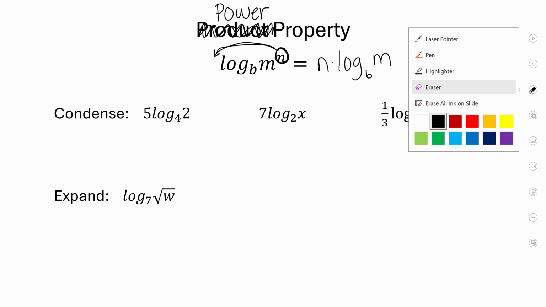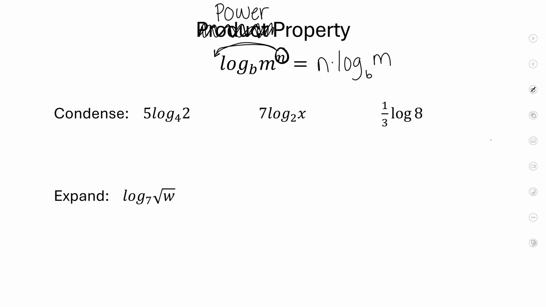So for example, I'm going to condense it. So this will be log base 4 of 2 to the power of 5. Well, 2 times 2 is 4, times another 2 is 8, times another 2 is 16, times another 2 is 32.